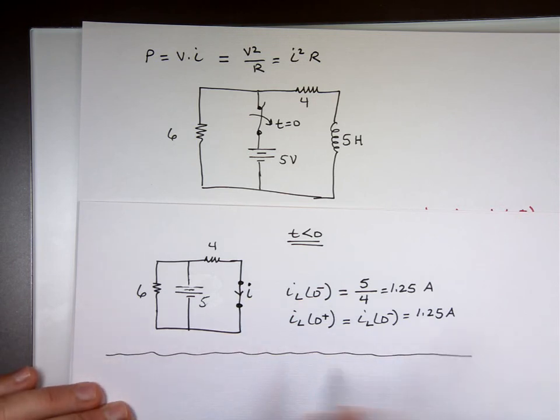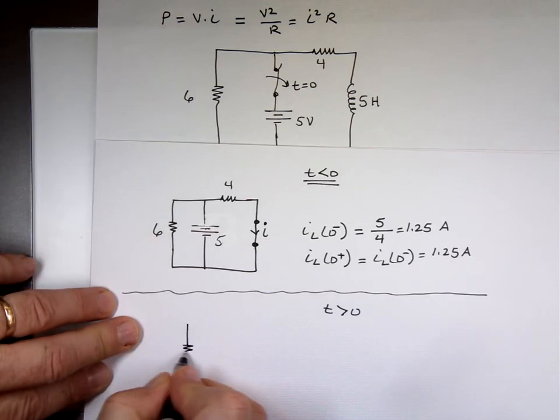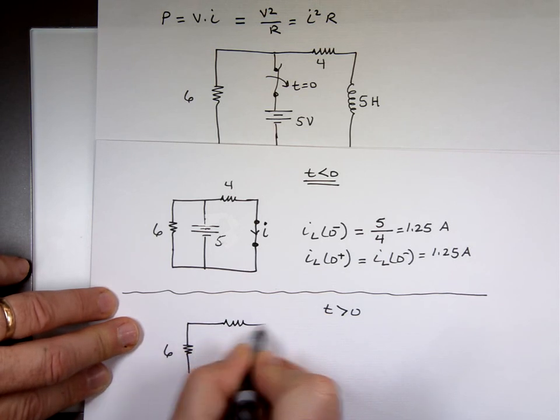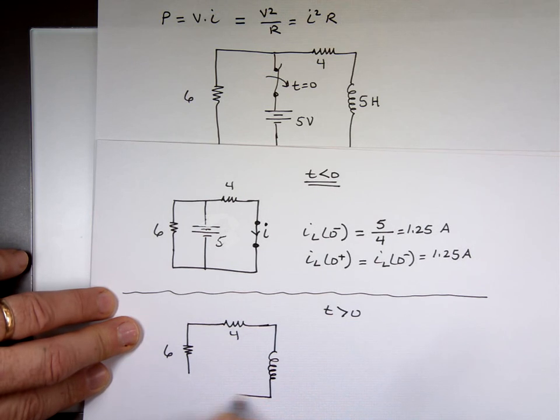For t greater than 0, the switch actually opens now. If the switch opens, what will happen? That source is gone, so my circuit will look like this. Now I know you're probably thinking, how come he didn't make the inductor a short circuit?